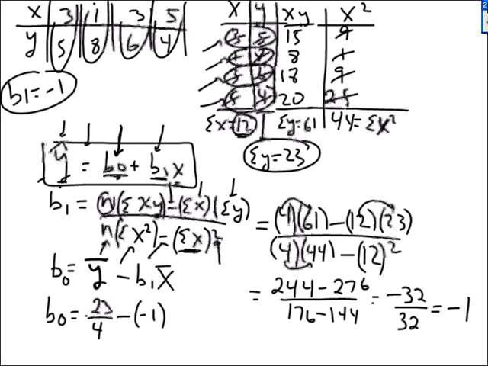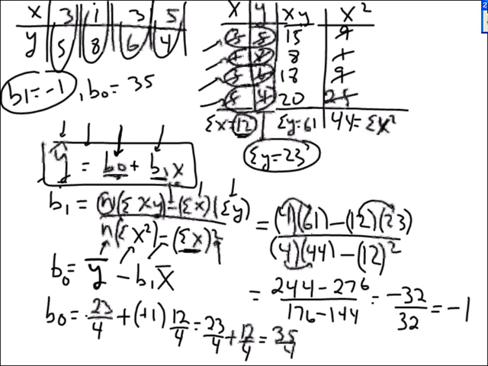Well, you add up the x's, you get 12 divided by 4. Well, you have 23 over 4 plus 12 over 4, because if you take away a negative, it becomes plus. So b0 is 35 over 4.